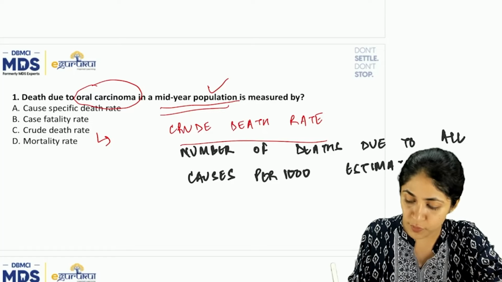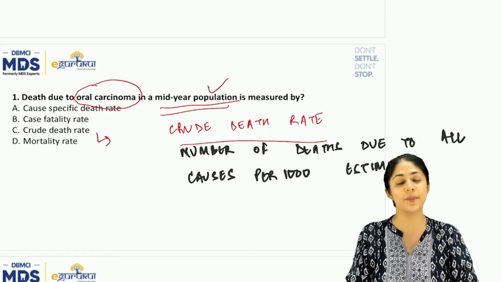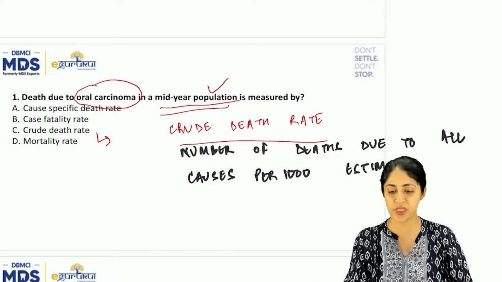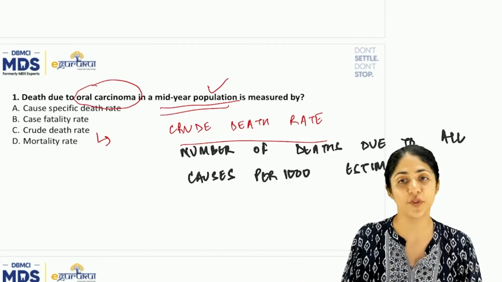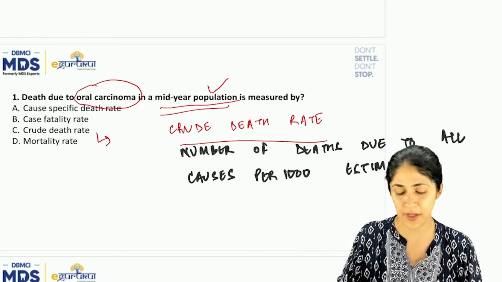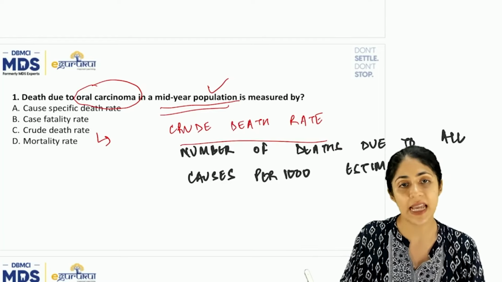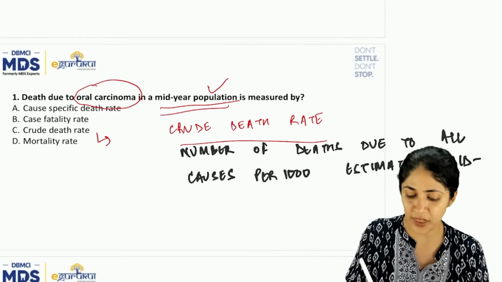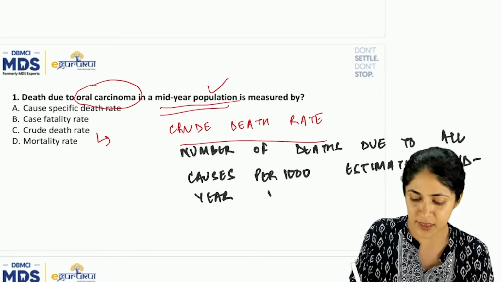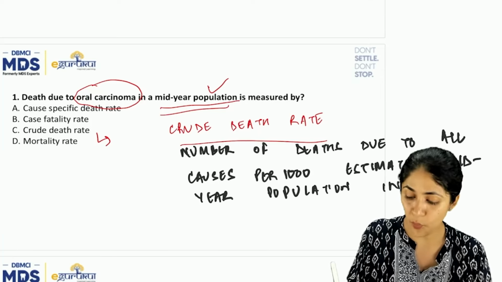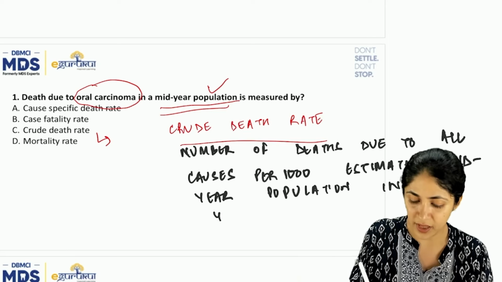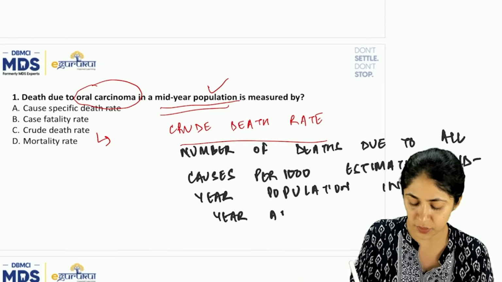So apart from solving this MCQ, it is important that you know the definitions and write them down, so that you are able to solve any other question that comes by, right?